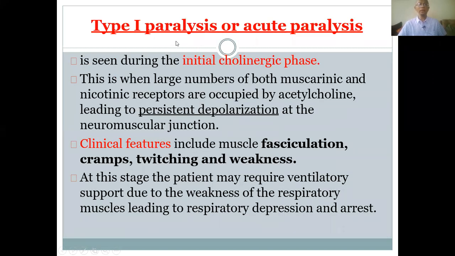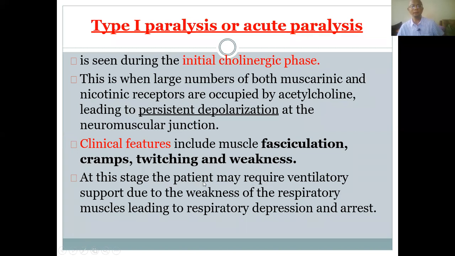Now coming to type 1 paralysis or acute paralysis, seen during the initial cholinergic phase. This is when a large number of both muscarinic and nicotinic receptors are occupied by acetylcholine, leading to persistent depolarization at the neuromuscular junction. Then there may be acute paralysis. Clinical features include muscle fasciculation, cramps, twitching, and weakness.